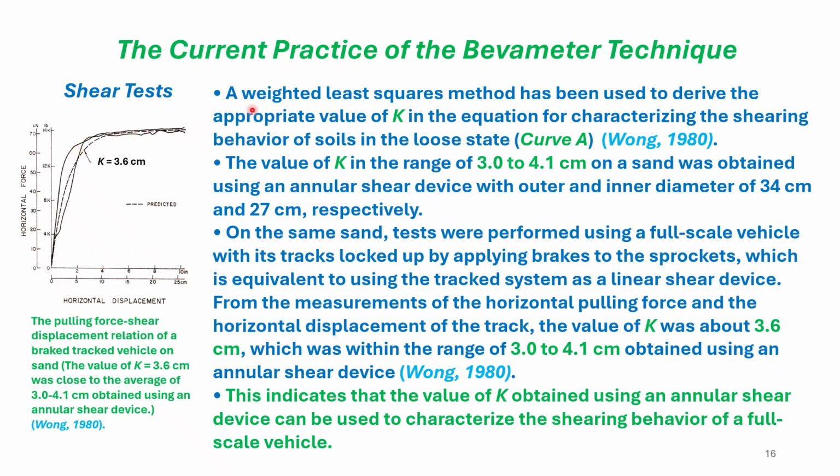Using the weighted least squares method, from here we can see the value of K is 3.6 centimeters for the fitted curve. This indicates that the value of K obtained using an annular shear device can be used to characterize the shearing behavior of a full-scale vehicle.